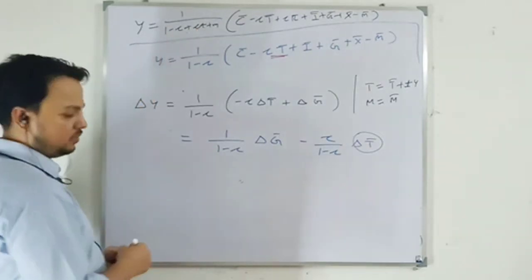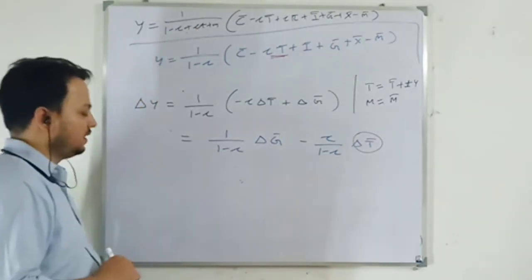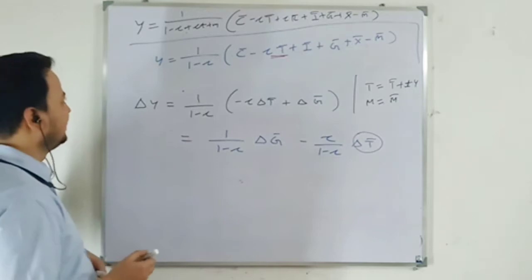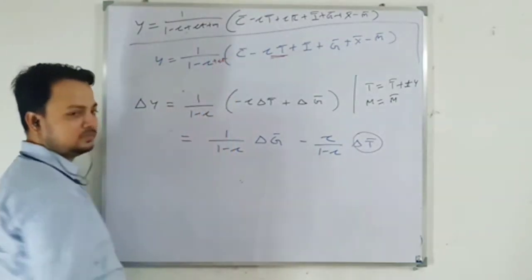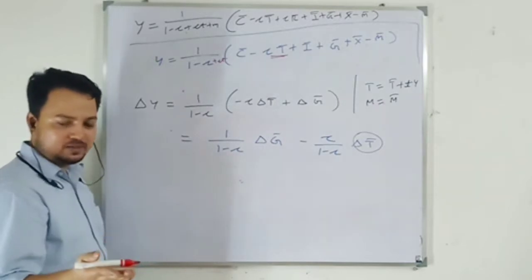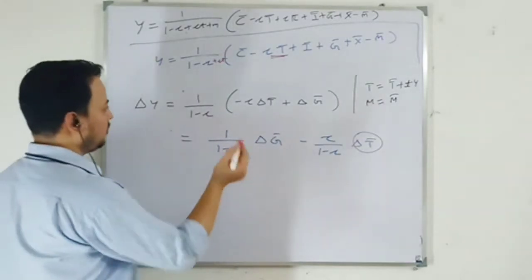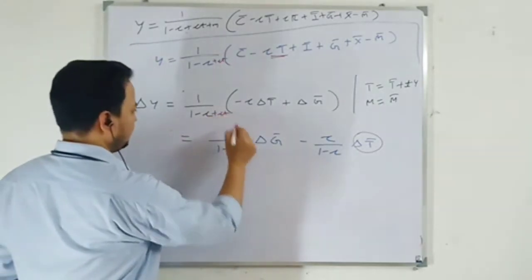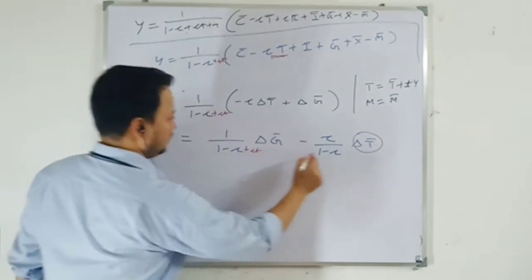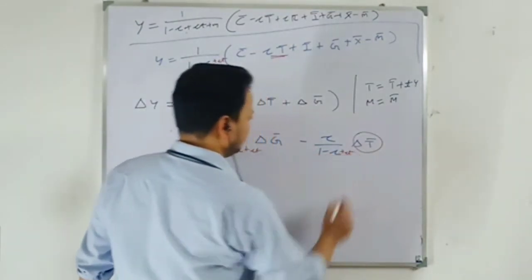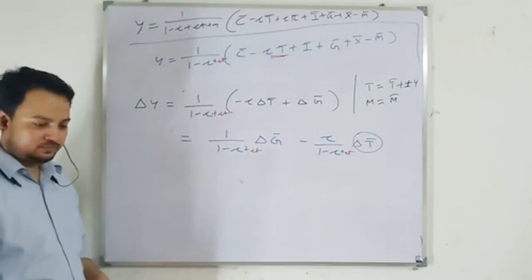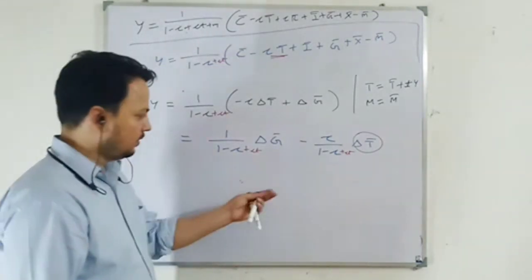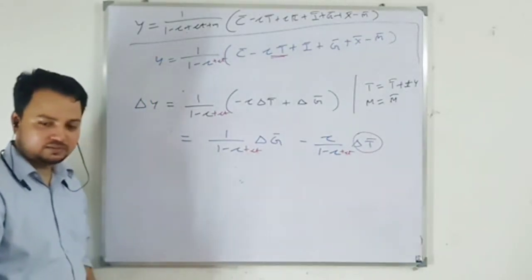So let me write that term. Your multiplier will be small ct. You can derive it. I have derived it already. I will send the video again. Just do it one more time. Then again write down.